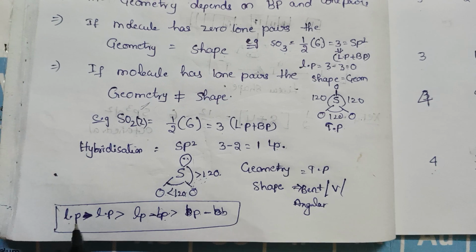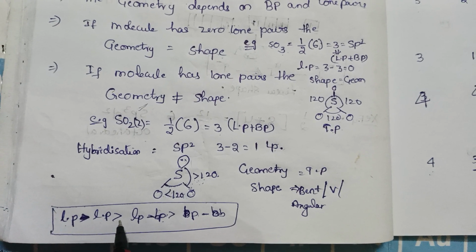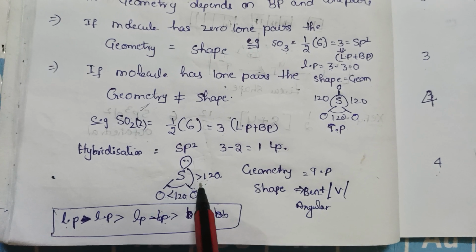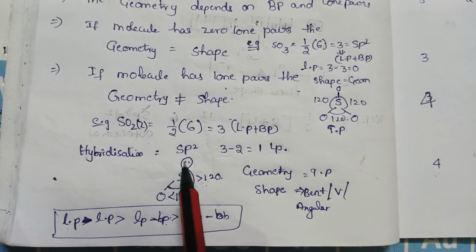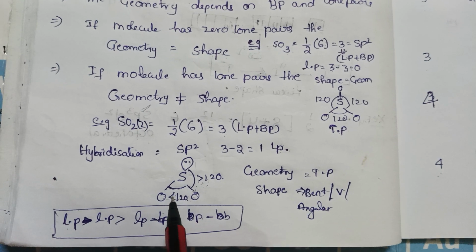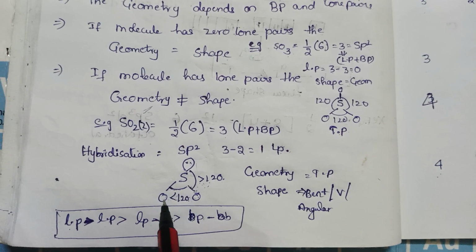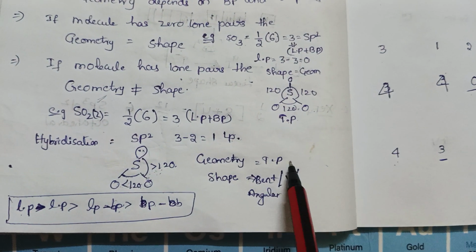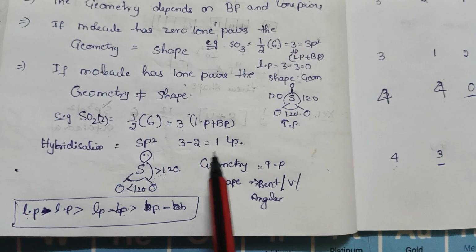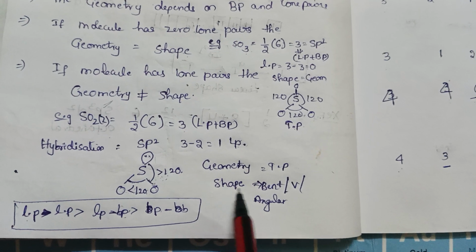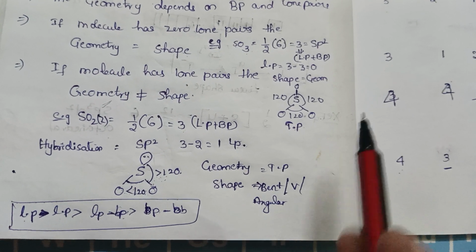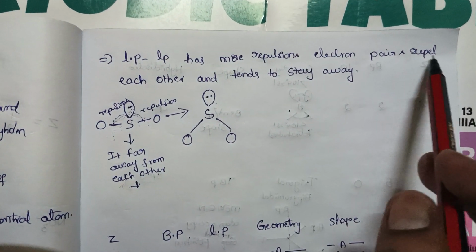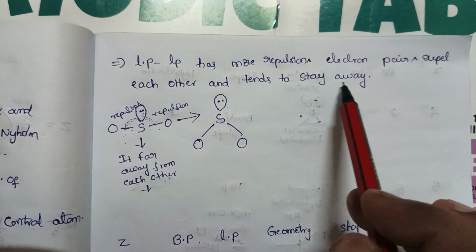Lone pair repulsions are greater than lone pair-bond pair repulsions, which are greater than bond pair repulsions. The geometry is trigonal planar. Here one lone pair is present, so the shape is bent, or V, or angular. Lone pairs have more repulsions, and electron pairs repel each other and tend to stay away.